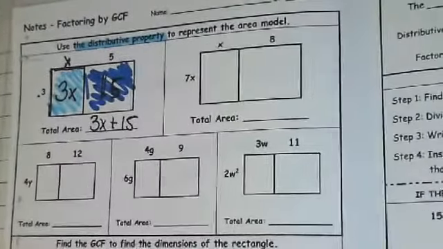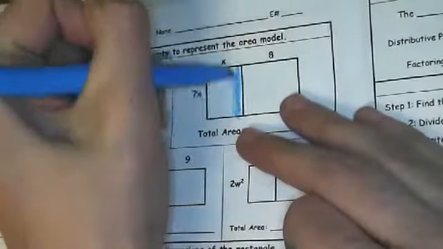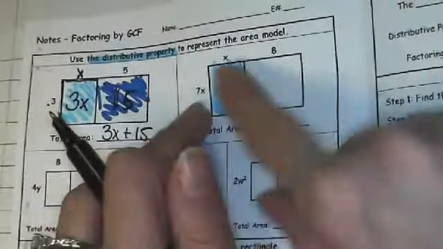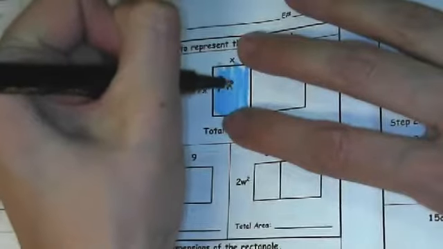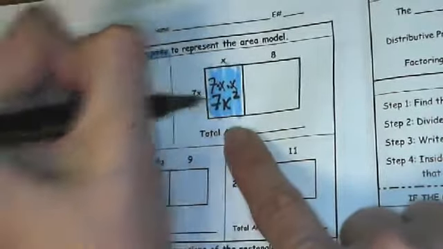Okay. This one, again, I'm going to find the area of this piece, which is going to be 7x times x. Since there's x times x, that's x squared. So this area is 7x squared.